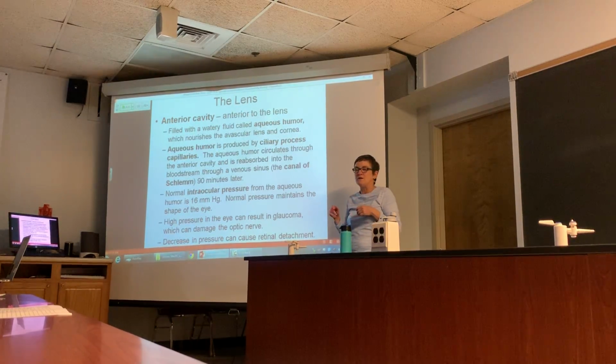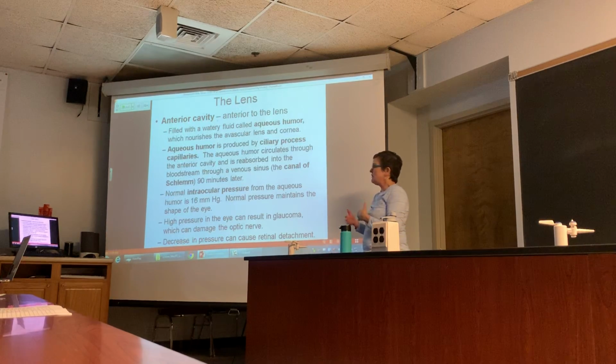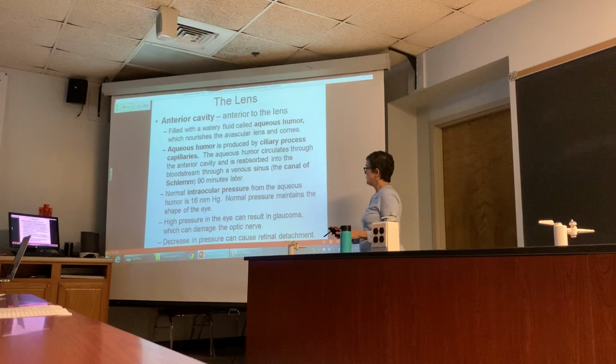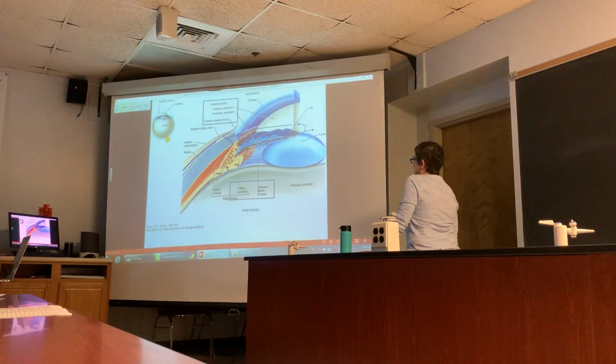That's called glaucoma. So too high a pressure can cause glaucoma, but on the other end of it, too little pressure can cause the retina to detach, because the pressure inside the eye helps hold the retina against the back of the eye. The retina can actually peel off the back of the eye, can peel off the choroid, and when that happens, you've got a detached retina, which is no good. So you have to have surgery to fix that.